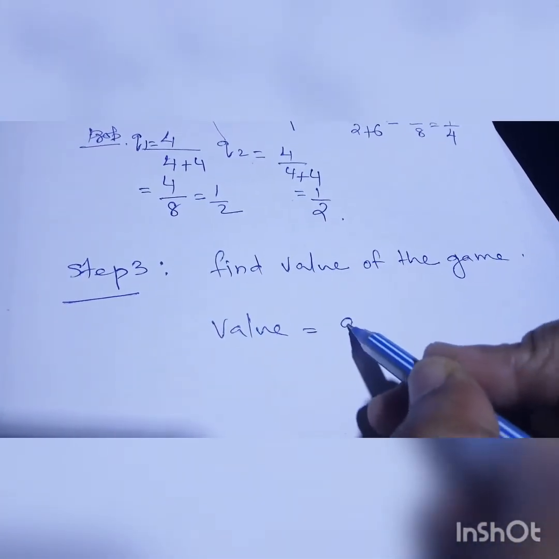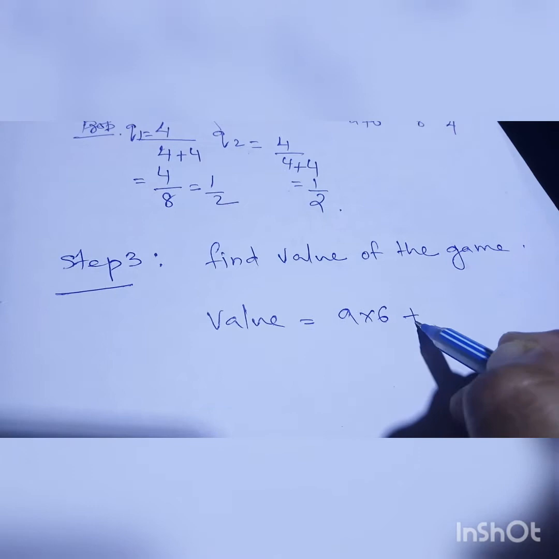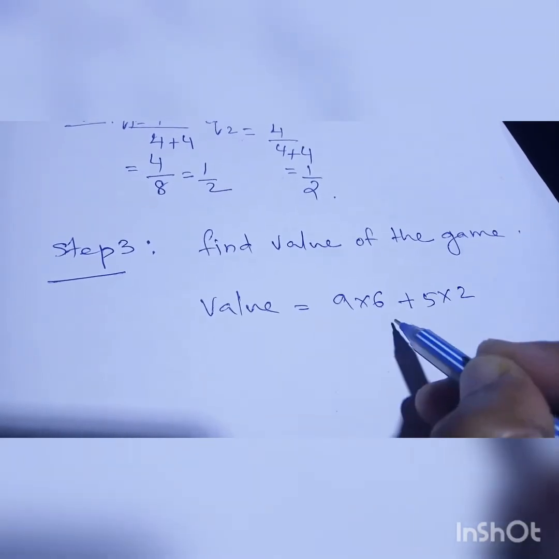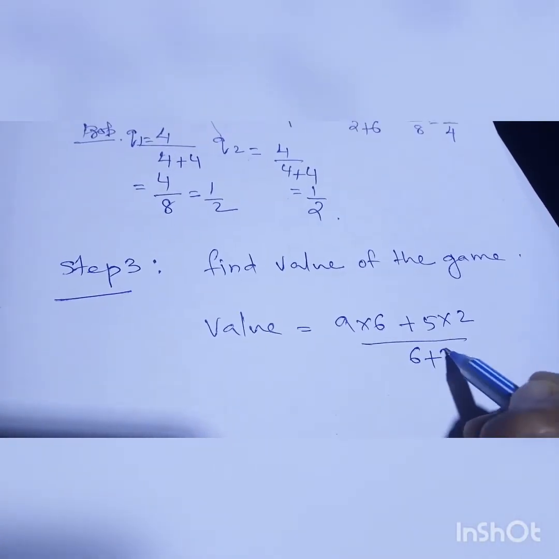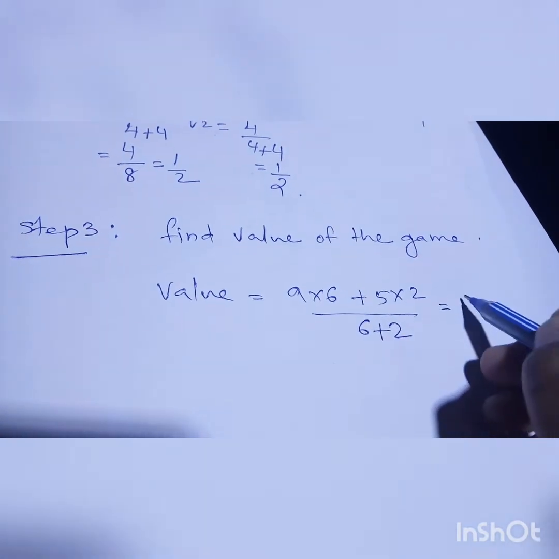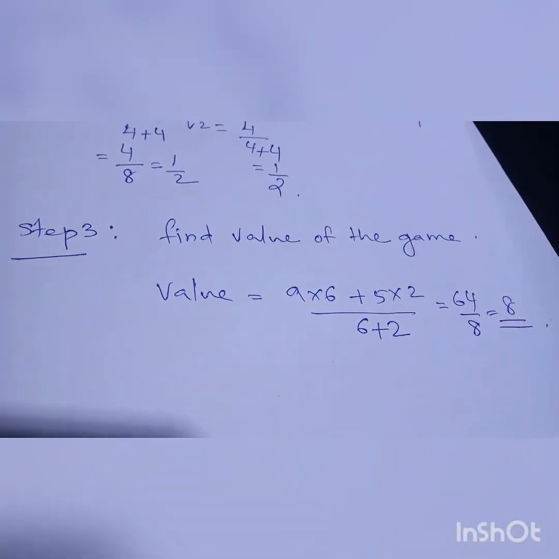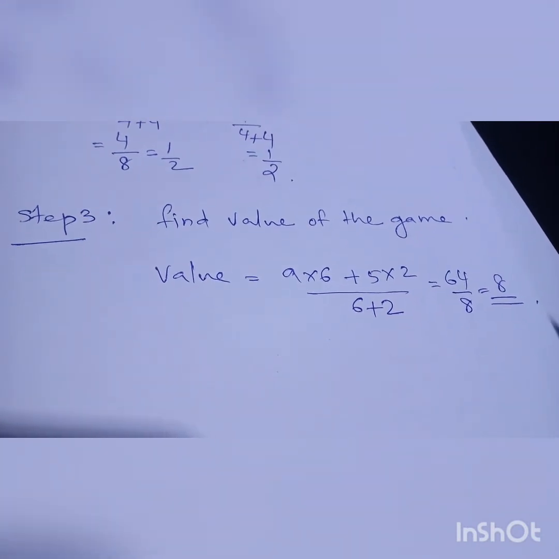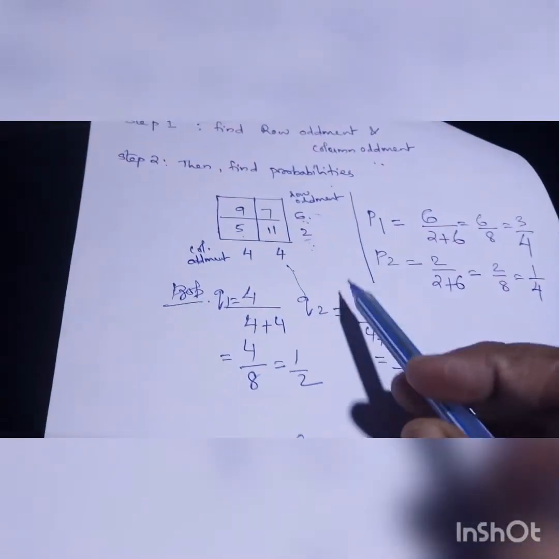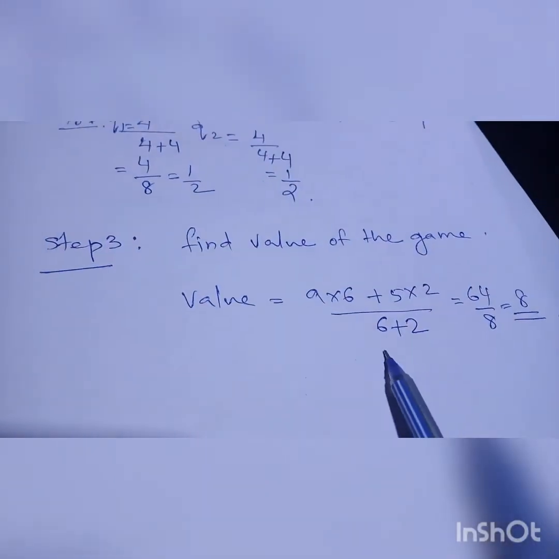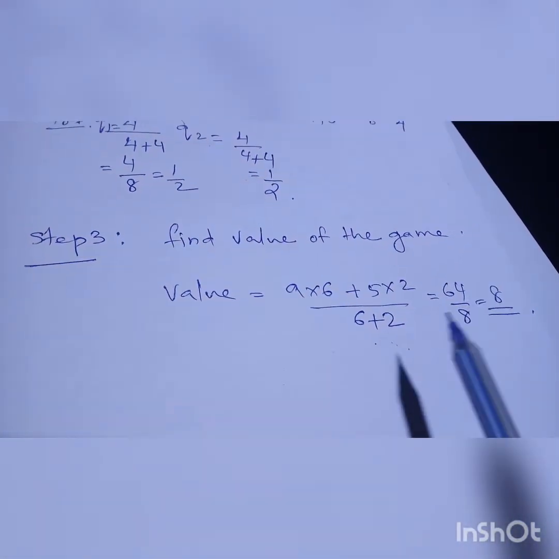That is 9 into 6 plus 5 into 2 by 6 plus 2, and you will get 64 by 8, which is 8. Okay. So that is for the first column, we got the value of the game like this.